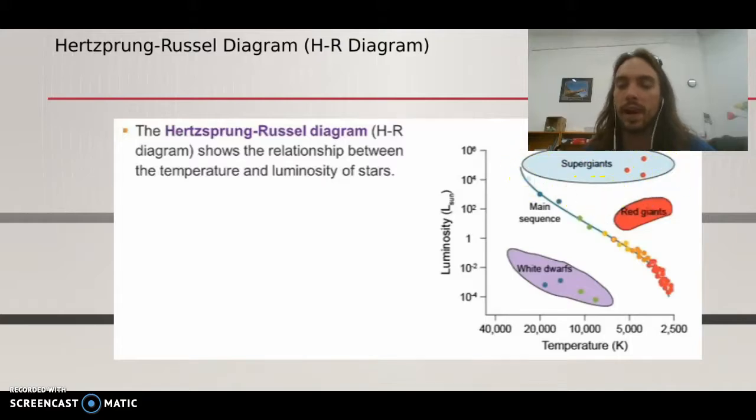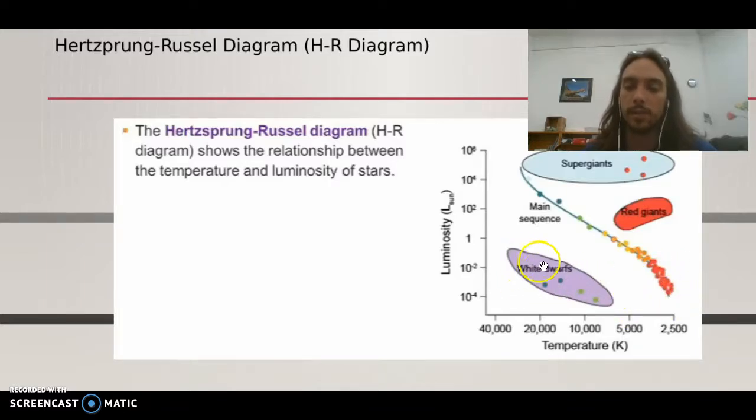They have a very high luminosity. But you're going to get things like the main sequence here when fusion is occurring. You're going to get these red giants or red stars. They're going to burn less hot, and they're going to have a decreased output of luminosity. So the less hot it is, the less bright the star is.